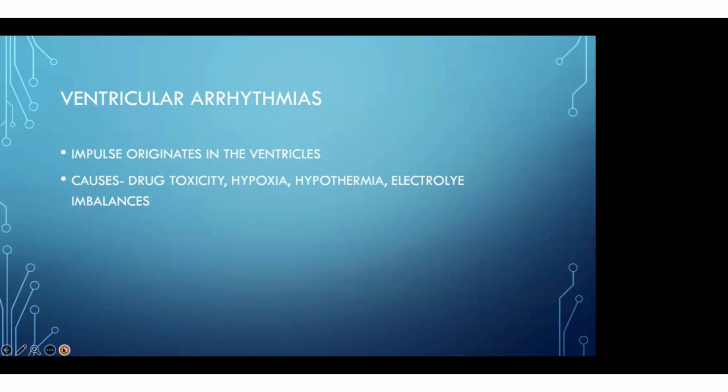So it will be conducted from myocardium to myocardium, and finally the Purkinje cells will be captured. So it will be wide complex. The QRS duration will be very wide, and the initial deflection of the QRS will be wide. It will usually be more than 100 milliseconds. So ventricular arrhythmias you can see.